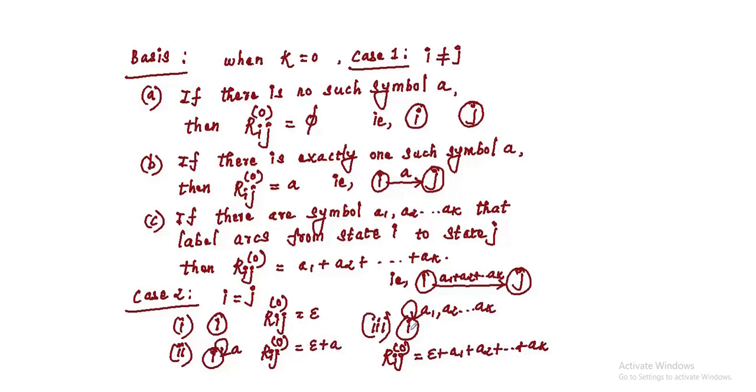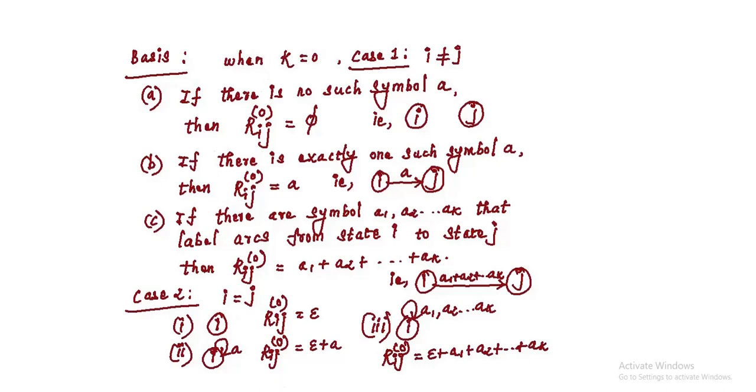And third one, state name i, self loop a1, a2 up to ak. Then Rij raised to the power 0 equal to epsilon plus a1 plus a2 plus up to ak. Here there are two cases. In case 1, i not equal to j, which means different states. Whereas case 2, i equal to j means a single state.